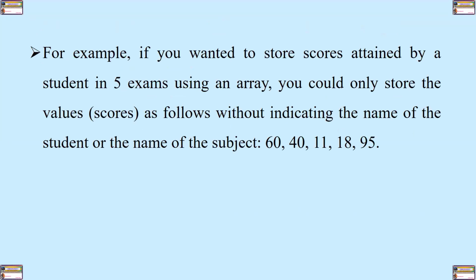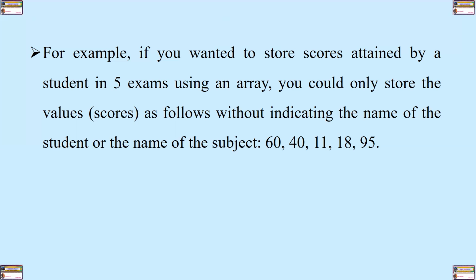For example, if you wanted to store scores attained by a student in 5 exams using an array, you could only store the values, that is the scores, as follows, without indicating the name of the student or the name of the subject. Now, as we learned in part 9 of this series, we saw an array which contained 5 values, that is 5 scores, 60, 40, 11, 18, and 95.